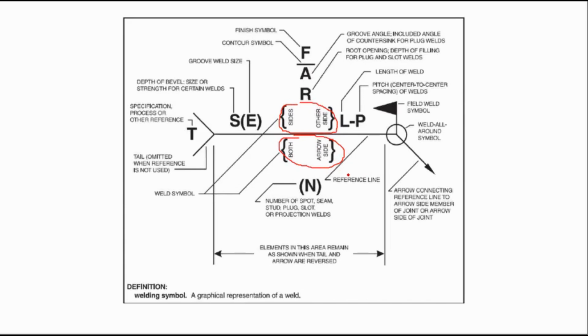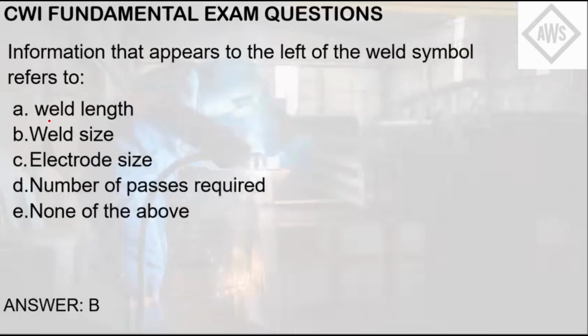So the parameter that appears to the left is the groove weld size, or the size of the weld. Among the choices here, weld length appears on the right, so that's not the correct answer. The electrode size you don't specify in the welding symbol, as well as the number of passes. So the answer here is letter B, weld size.